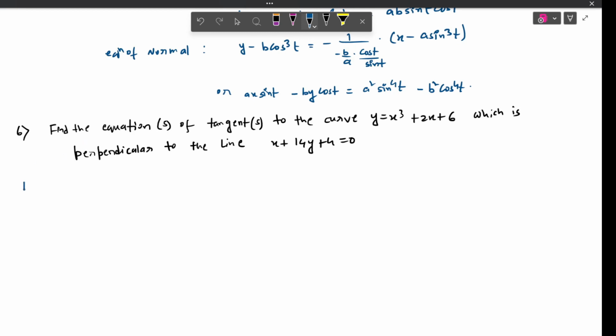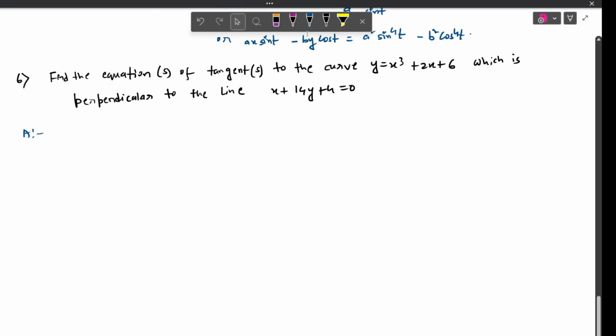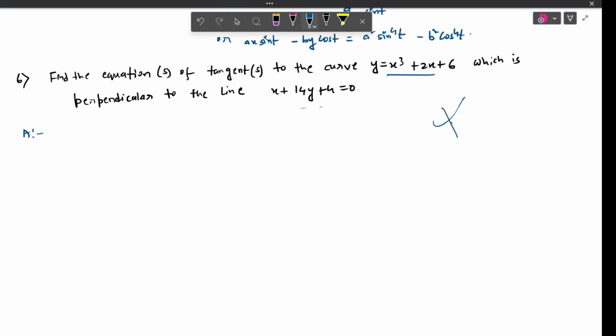Okay, so let's see the solution. See, if this curve is perpendicular to the line, there should be a point of contact, right?